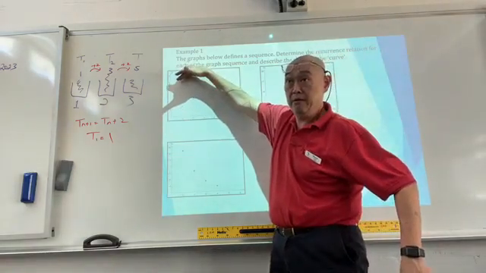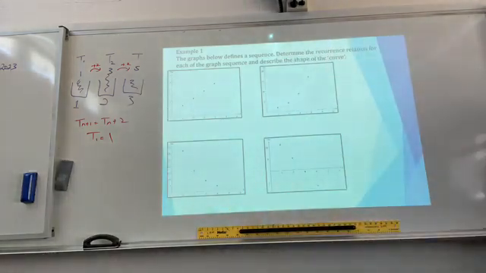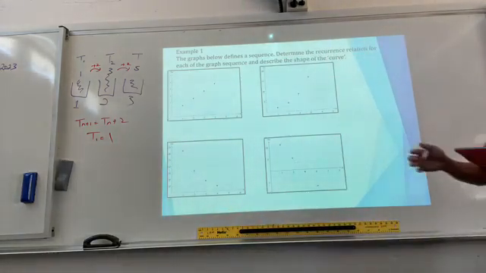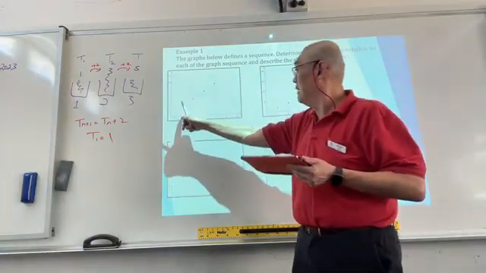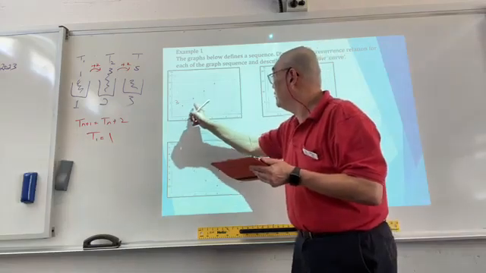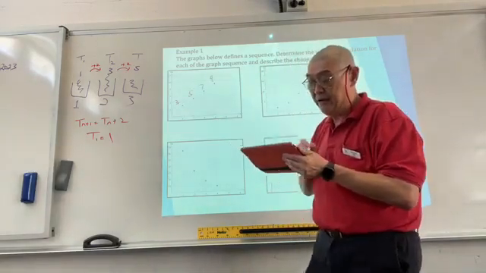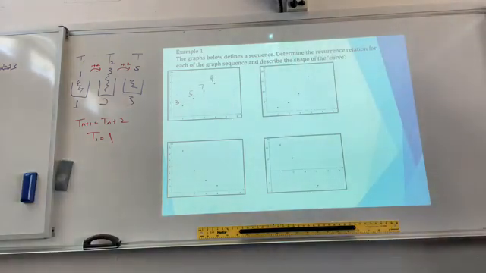Happy? All right? So here, looking at something like this, I'm going to start off with term number 1 is 3. Term number 2 is 5, 7, and 9. All right? So that is plus 2, plus 2, plus 2.